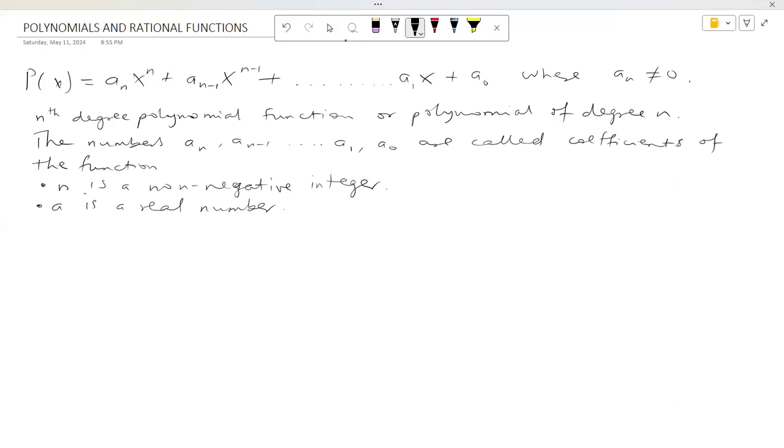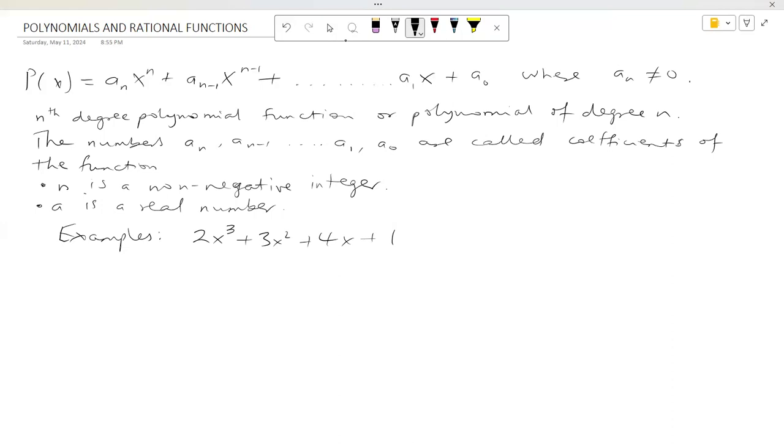So let's look at some examples of polynomials. Let's take something like 2x cubed plus 3x squared plus 4x plus 1. As you can see here, the coefficient of x cubed is 2.